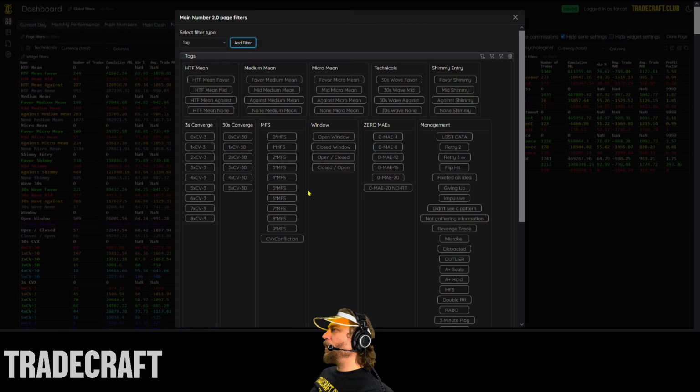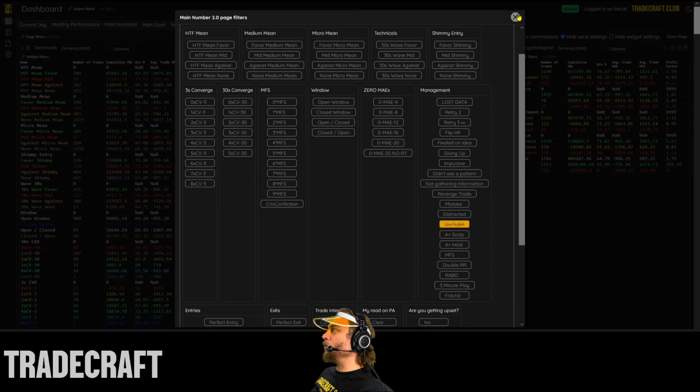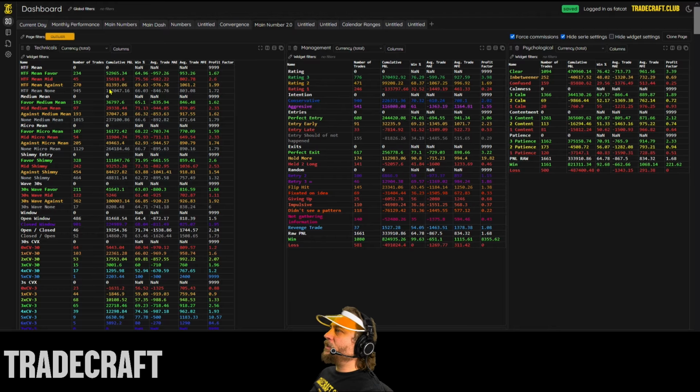So when we go in here and I say get rid of outliers, you'll see this changes drastically. This now goes to 52,000, so it goes up, and this dumps down to 81,000. So what that's telling me is a large trade was hurting me here, and there were a few large trades that were helping me here. So as we remove the outliers, it changes things.